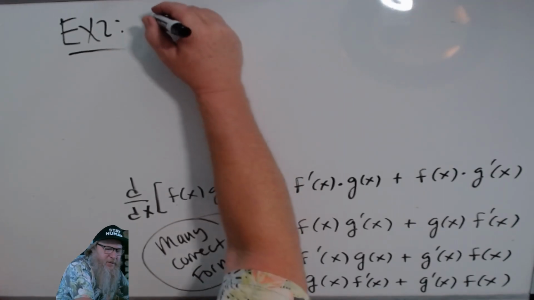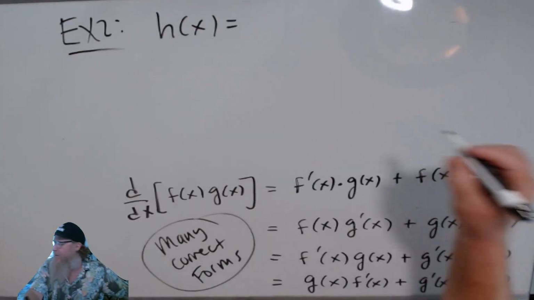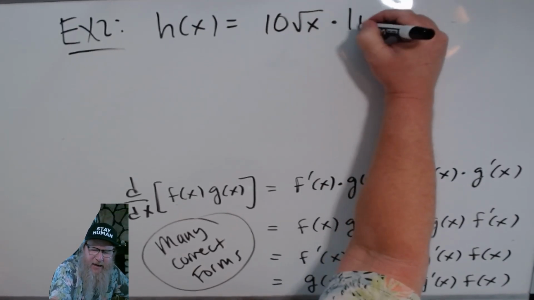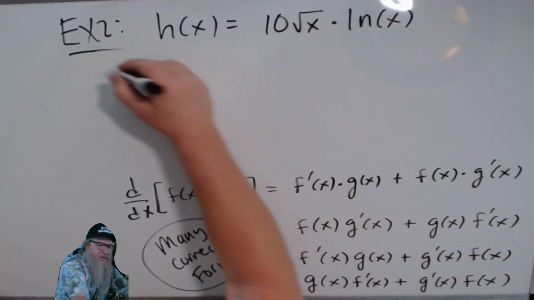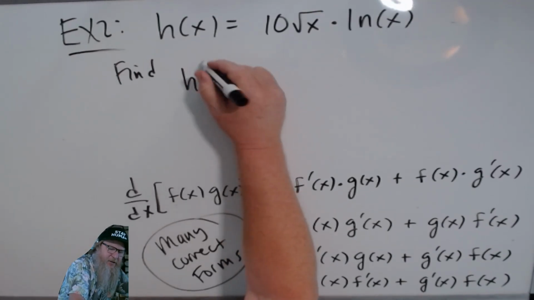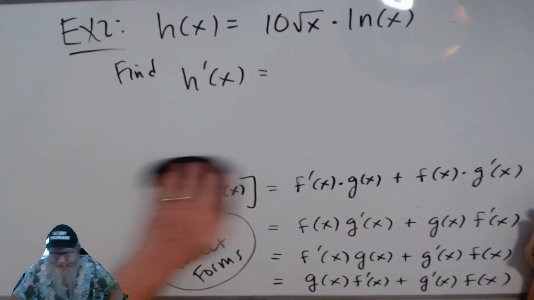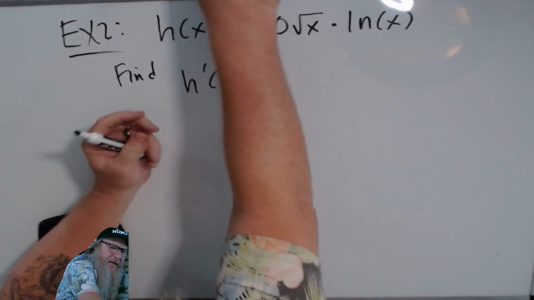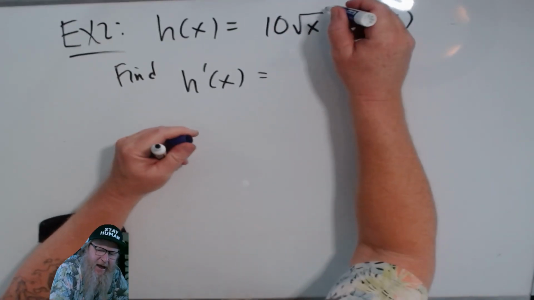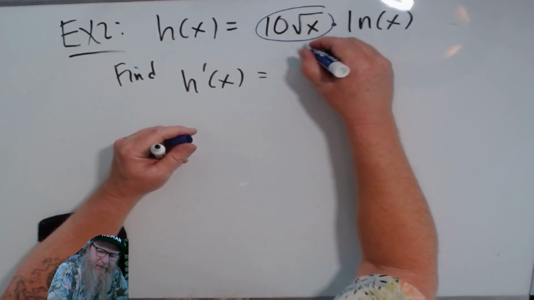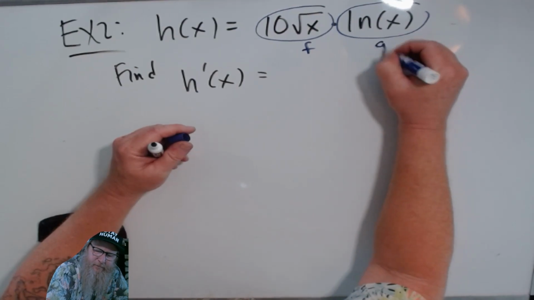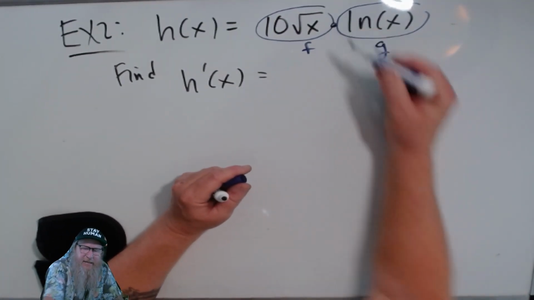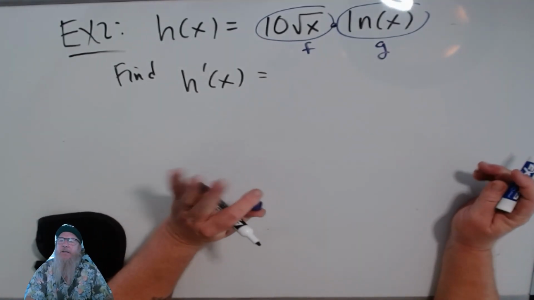Let's try another one. So we have h of x is 10 times the square root of x times ln of x. Find h prime of x. Okay, so the shorthand notation is just f and g. All right, so there's a dot, so it clearly indicates the separation between the two functions.